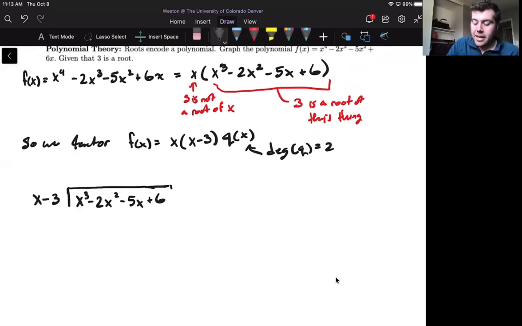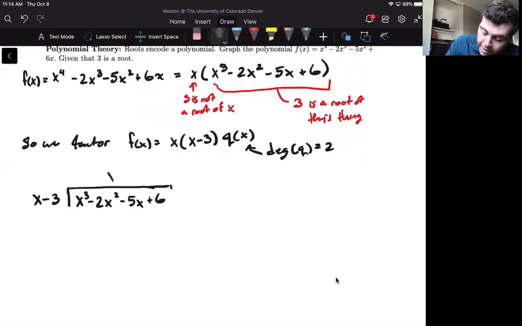And it turns out that if 3 is a root of the polynomial, then x minus 3 divides perfectly into this other polynomial. That is, there's no remainder left over. So we do polynomial division in the exact same way that we do regular division, where first we want to get rid of this x cubed.